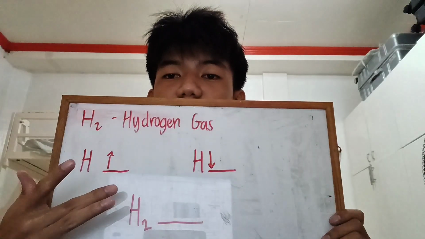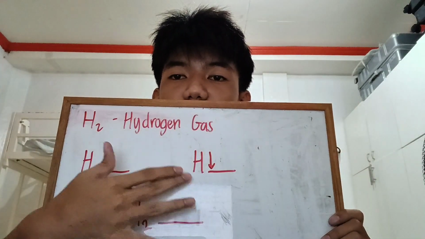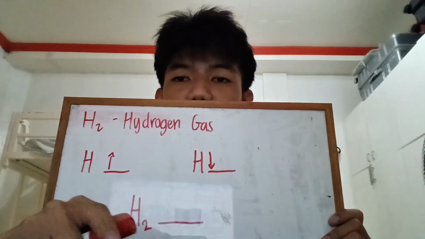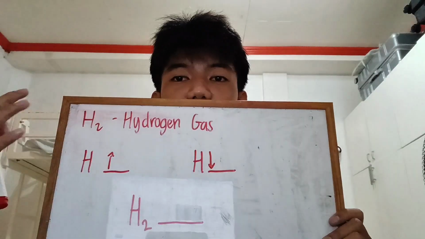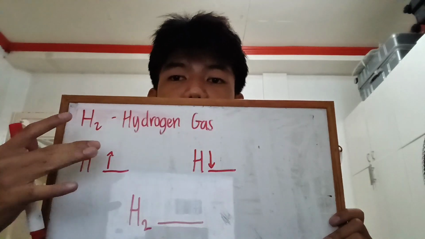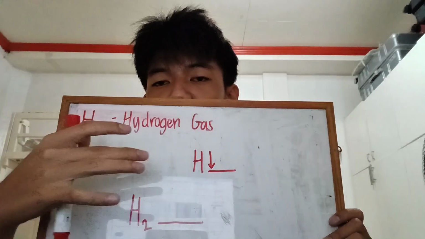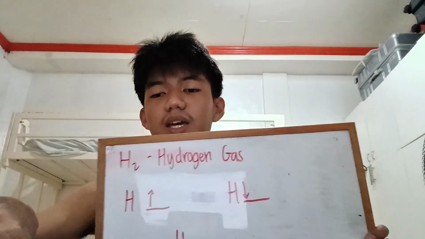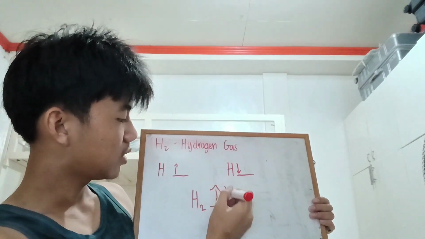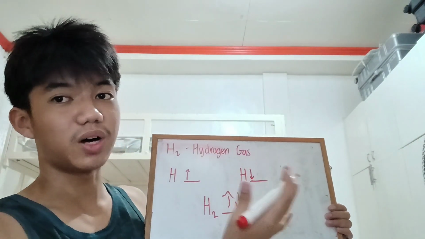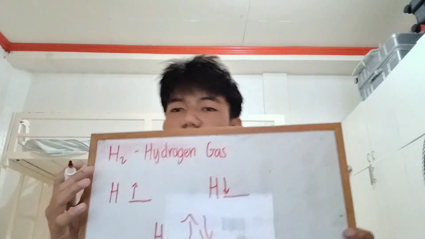When they bond together, they form hydrogen gas. What will it look like in terms of using arrows or spins of electrons? It's as easy as this. It's bonded together very easily.